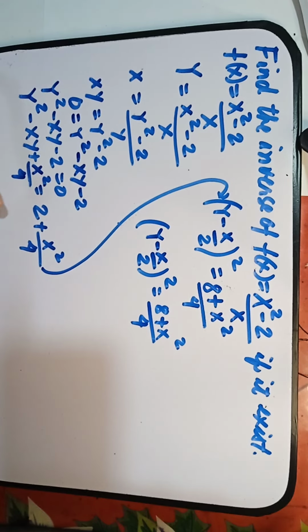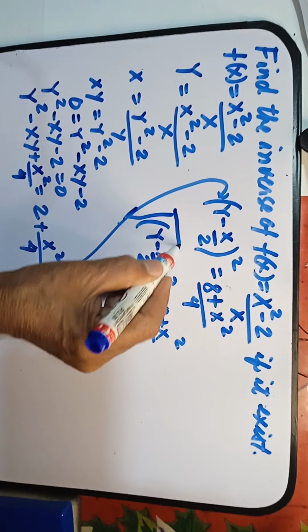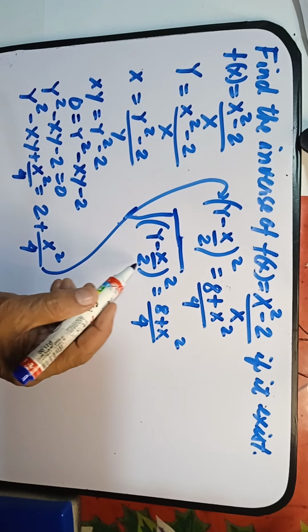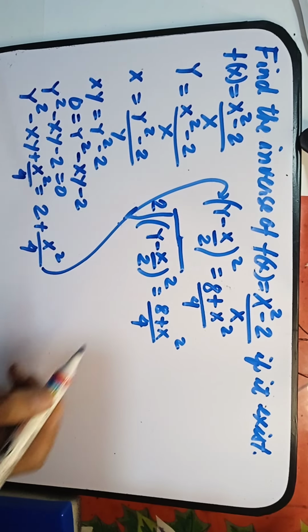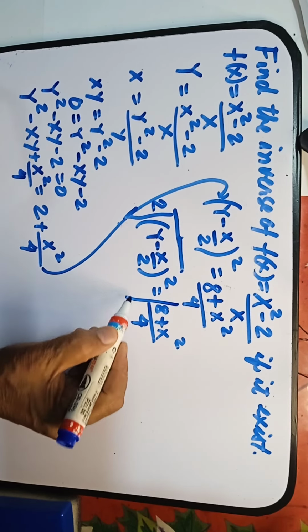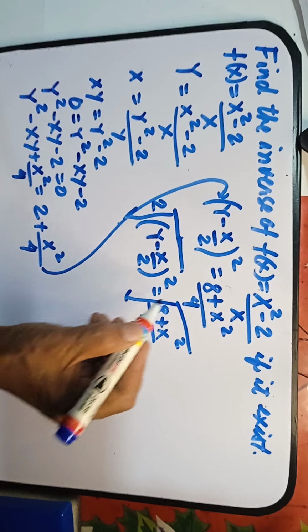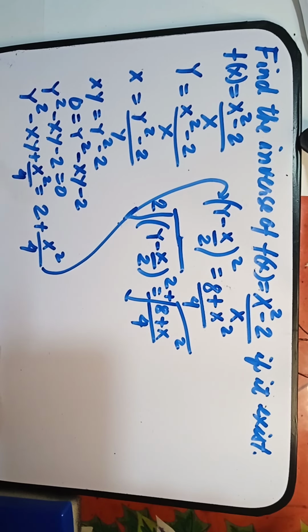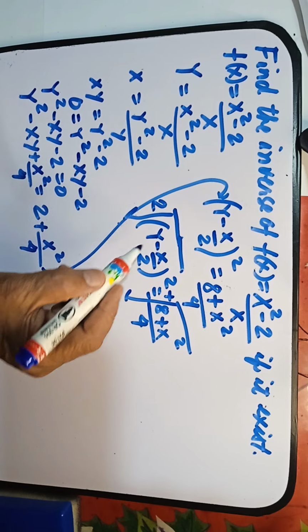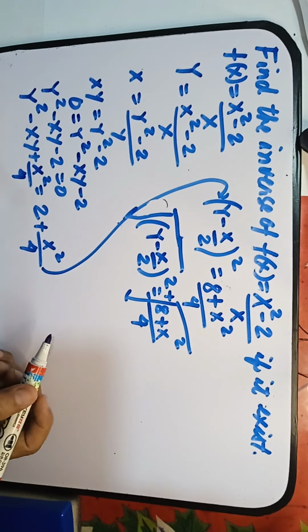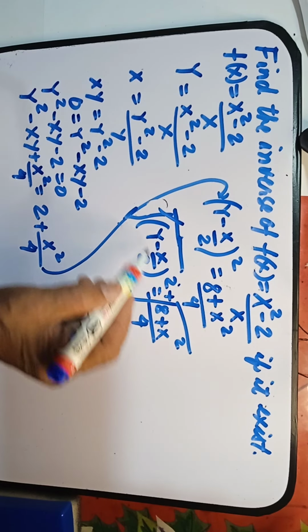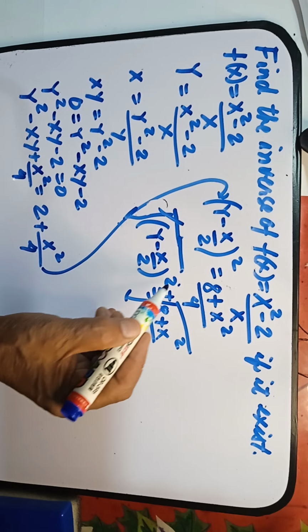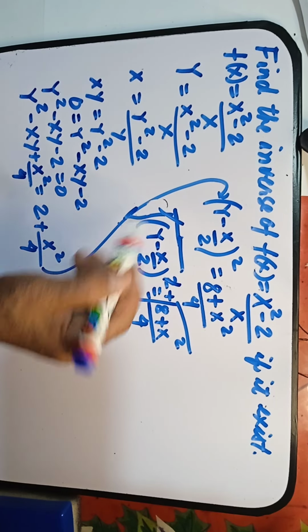So we can get the square root of y minus x over 2 by extracting the square root. So extract the square root here also. But this becomes plus or minus. As we extract the square root, the square root of this quantity y minus x over 2 squared, we cancel the square by the square root.